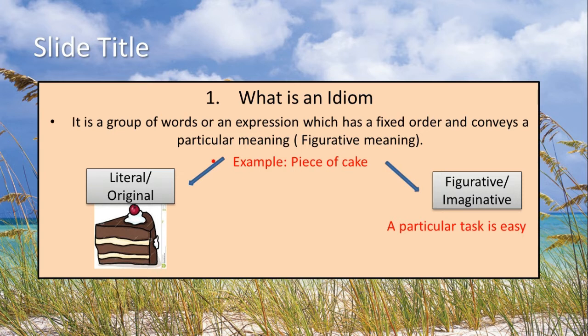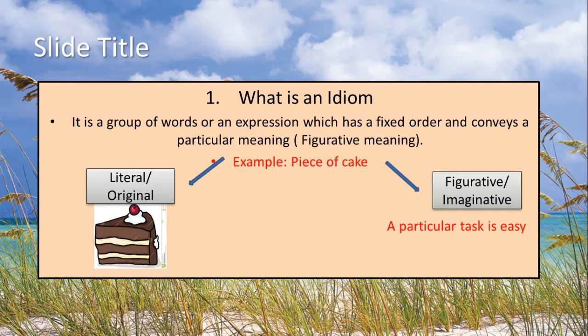When you say, oh, it's a piece of cake, what you are actually saying is that that particular task or that activity is quite easy. So, an idiom is an expression which presents a figurative meaning. So you have to somehow deduce the intended meaning of the expression, because it's quite different from the literal meaning.